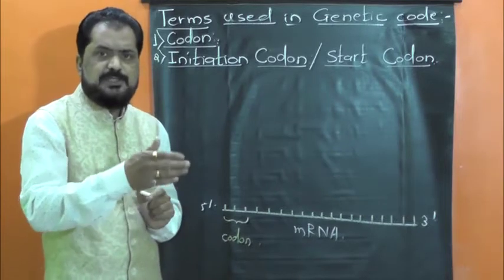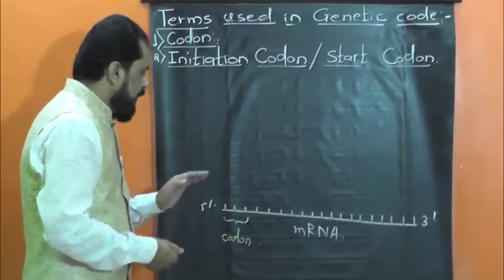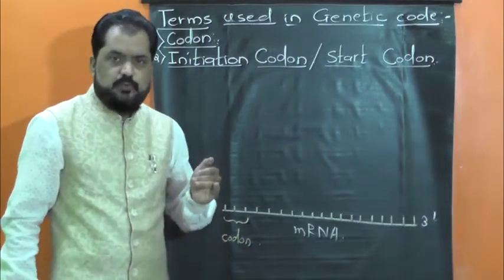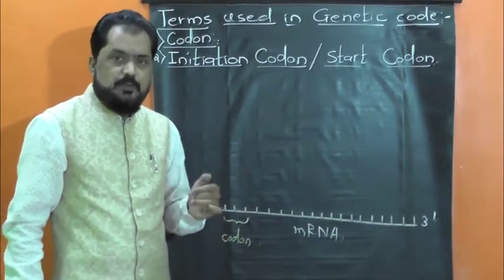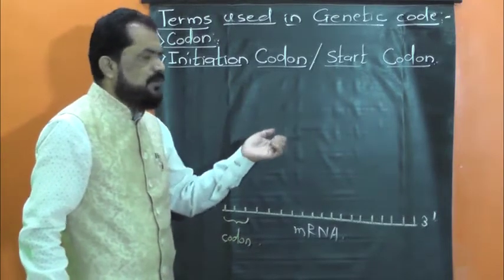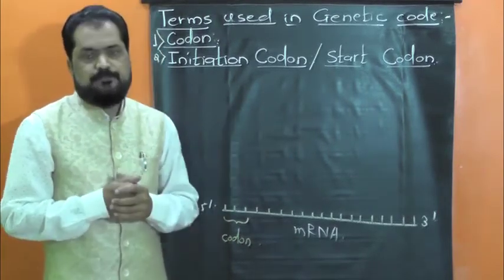Protein synthesis ची प्रक्रिया या 5' एंडला असलेल्या पहिल्या कोडॉन पासून सुरू होत असते, आणि म्हणून this first codon is known as the initiation codon or start codon.